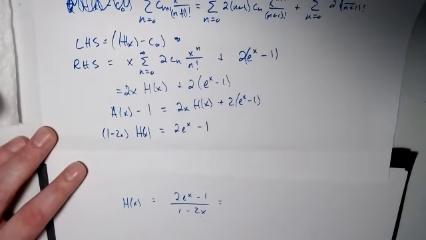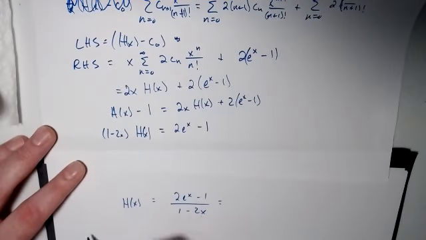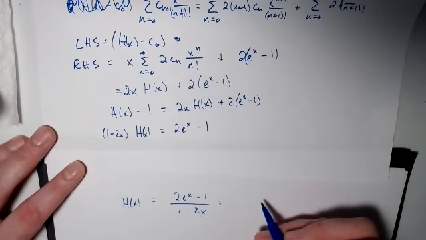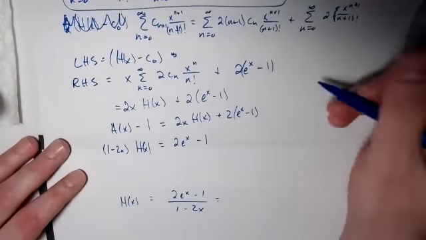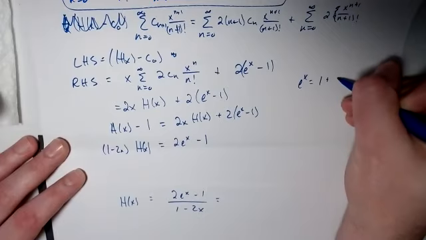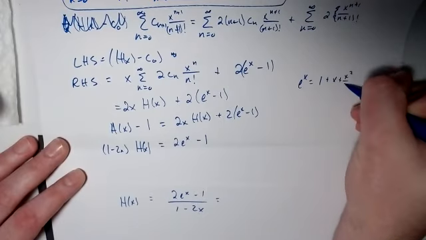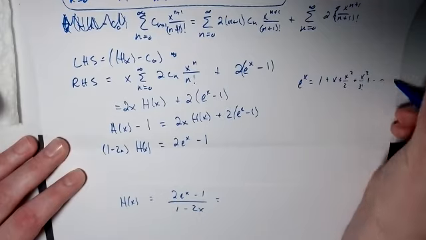Let's see. 2 e to the x would be, or let me use this here. So e to the x is 1 plus x plus x squared over 2 plus x cubed over 3 factorial, and so on.